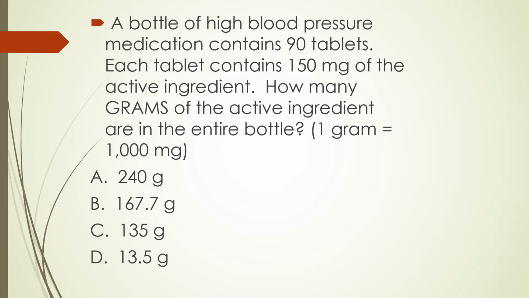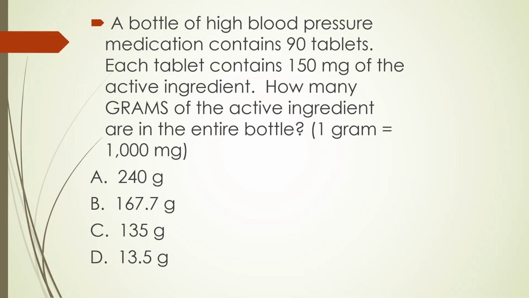Now, there are many, many different ways that somebody could go about solving this. But the first thing I would do, honestly, is change my milligrams into grams. So if I change my milligrams to grams, it would be 0.15. And so that would be 0.15 grams in each tablet.